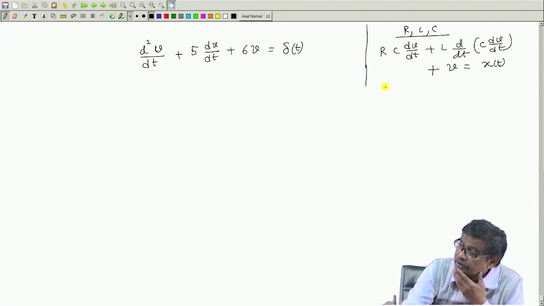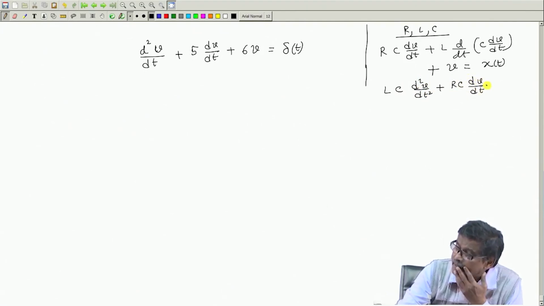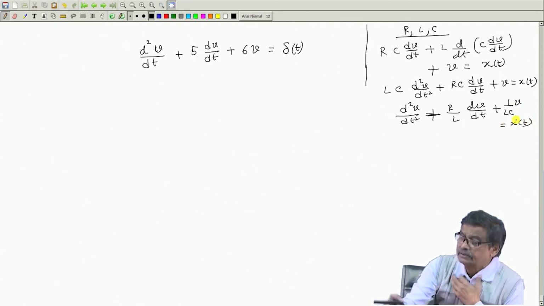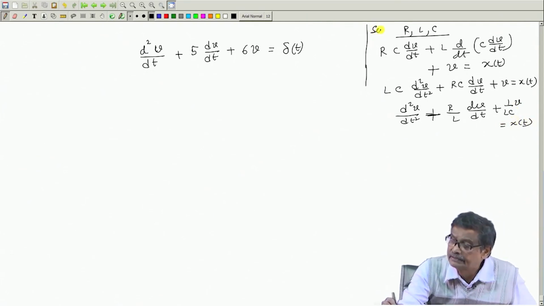Now, if you write this, it will be LC d2v/dt2 plus RC dv/dt plus v is equal to x(t). You recall this, and then you write it like this: d2v/dt2 plus R by L dv/dt plus 1 by LC into v is equal to your x(t), for any excitation to this series RLC circuit.